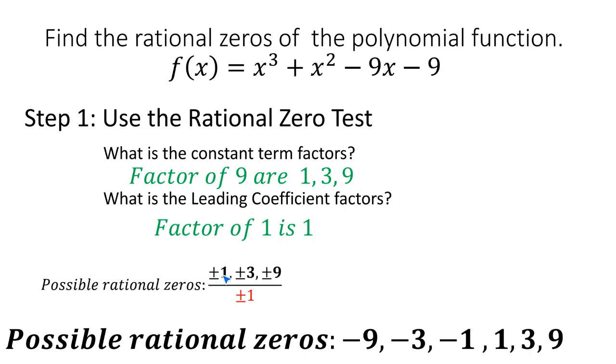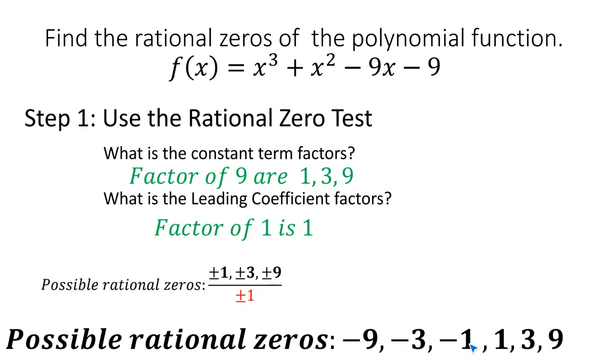And so if we divide these, we get 1 divided by 1 is 1, 3 divided by 1 is 3, and 9 divided by 1 is 9. And so in the web assign, you would enter your zeros as negative 9, negative 3, negative 1, 1, 3, and 9. And these are possible zeros.